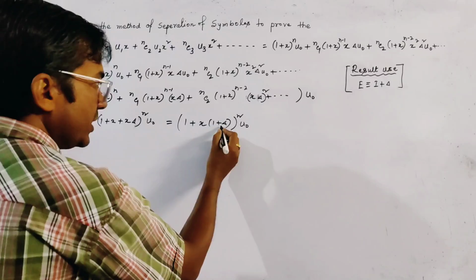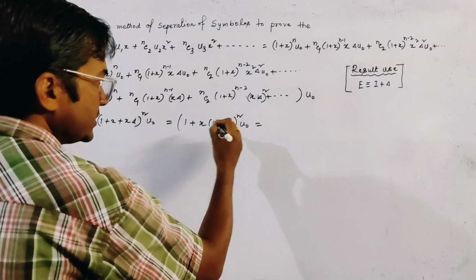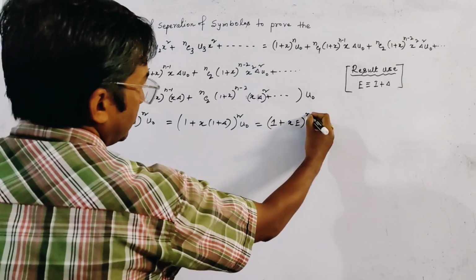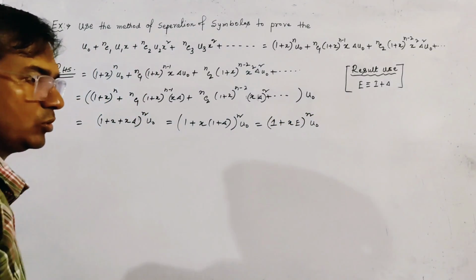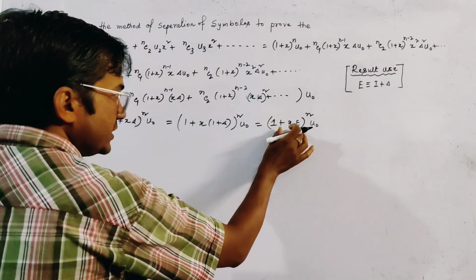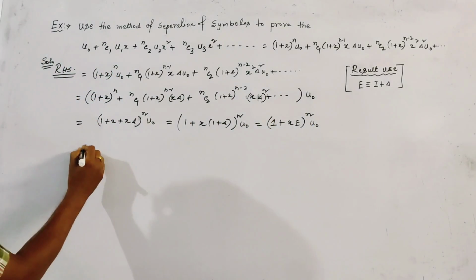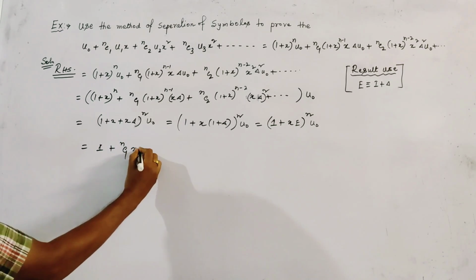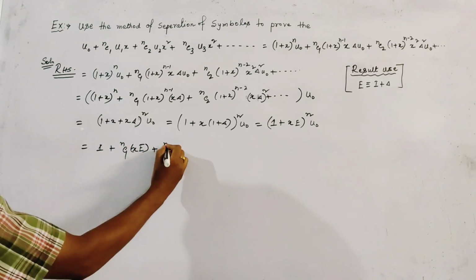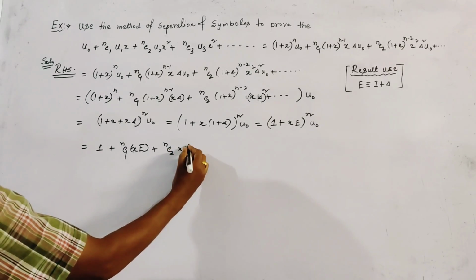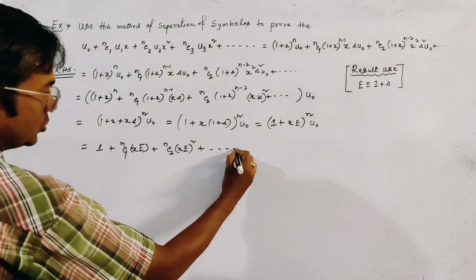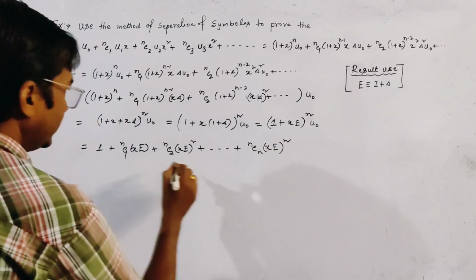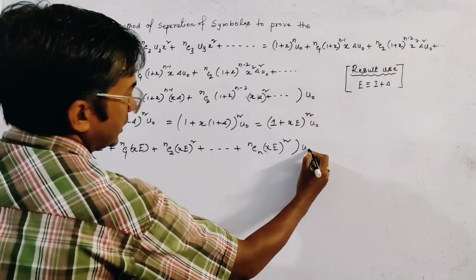And obviously 1 plus Δ means E. We put here the shift operator. This is (1+x)^n E^n u0. Okay, now we expand this series again using the binomial law, and this is given by 1 plus nC1 xE plus nC2 (xE)² up to nCn (xE)^n into u0.